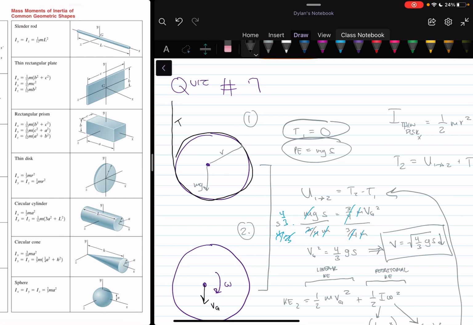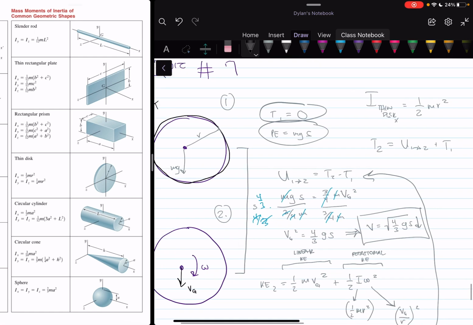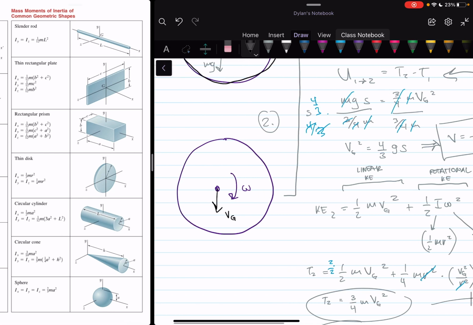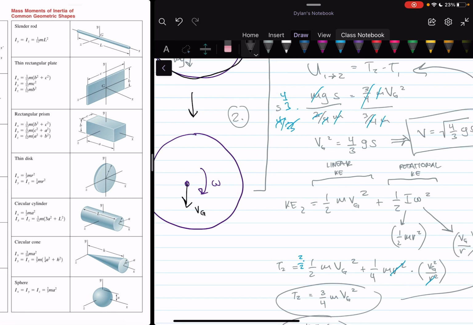And then I needed to calculate my kinetic energy at point 2. So linearly, when this wheel moves down, I can use my linear kinetic energy formula, which is 1/2 mv squared, and that's due to gravity.